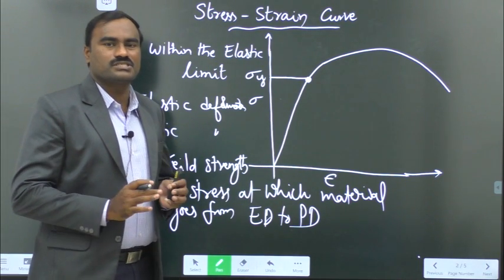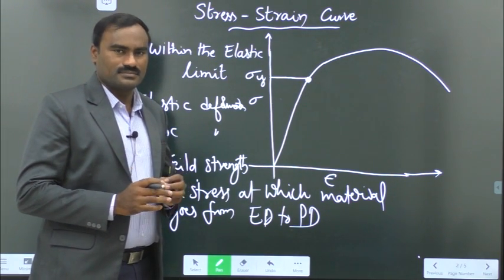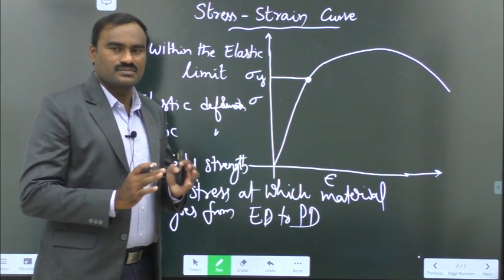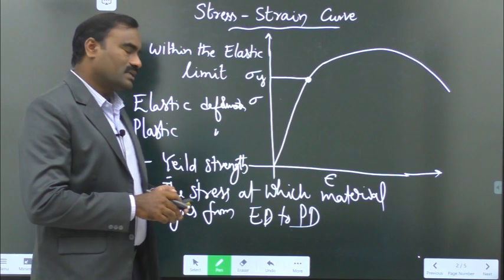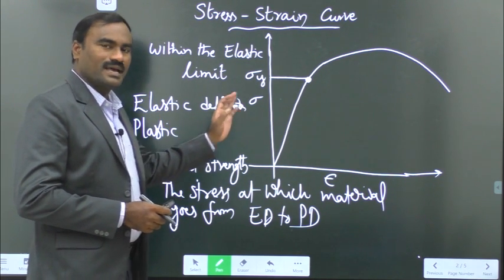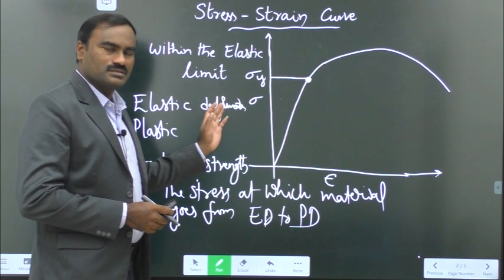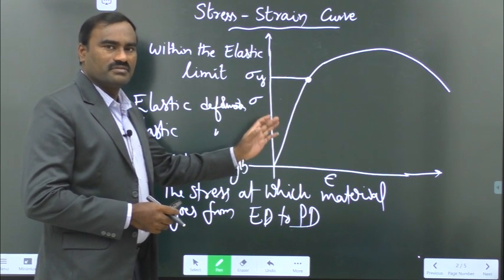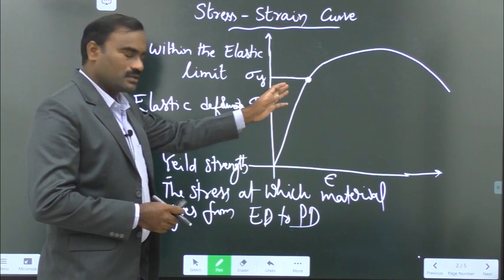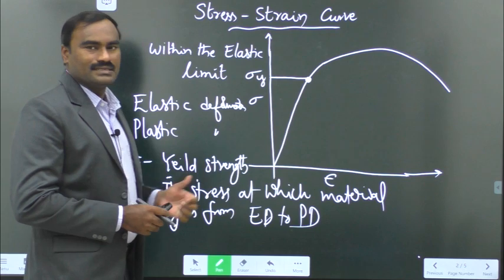This is a transition point. We have some transition stress value at which the material changes from elasticity to plasticity, and that transition stress value is known as yield strength.